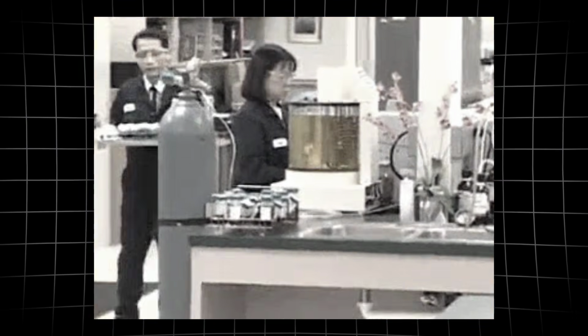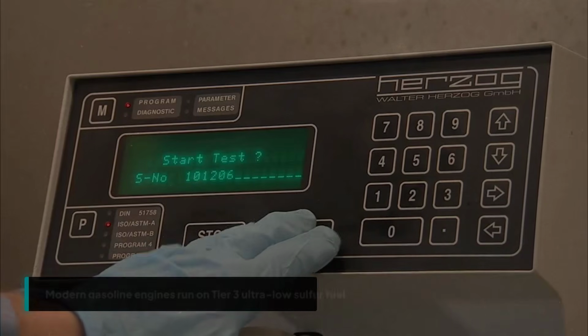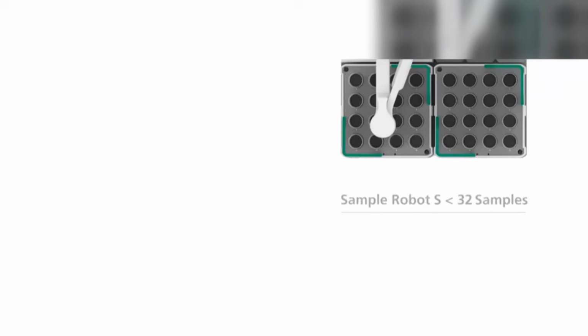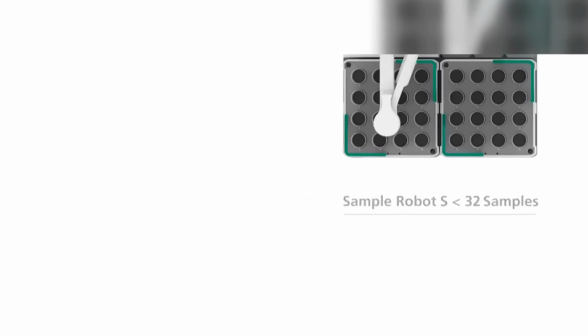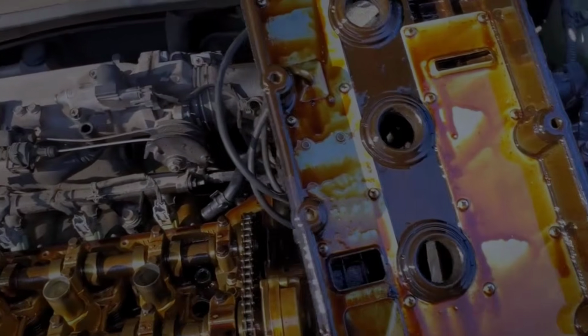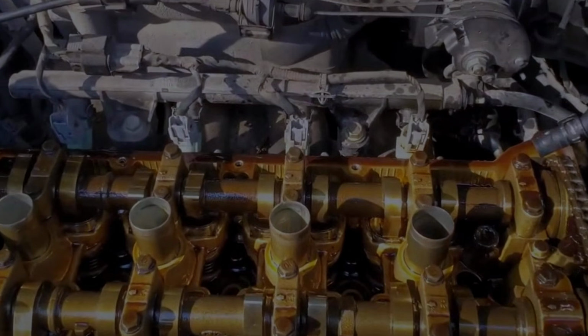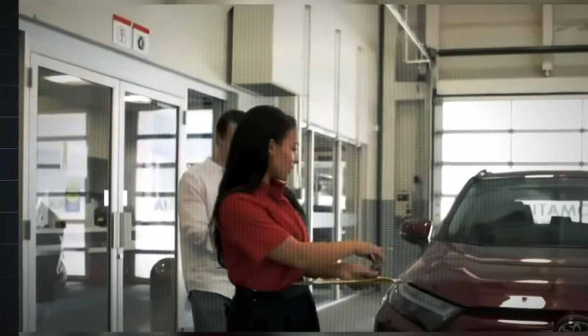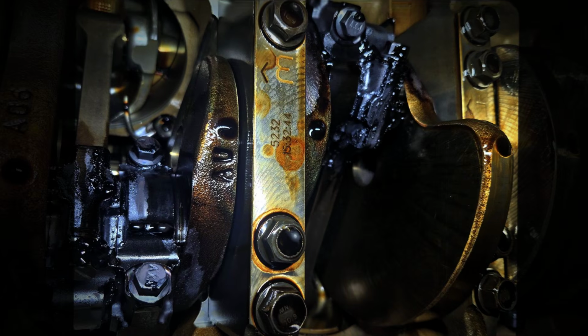But that framing oversimplifies. In a modern gasoline engine running Tier 3 ultra-low sulfur fuel, total base number depletion is gradual enough that the crossover often does not arrive until the oil's oxidation products and viscosity have already drifted past where they should be. Waiting for crossover in those applications means waiting too long.